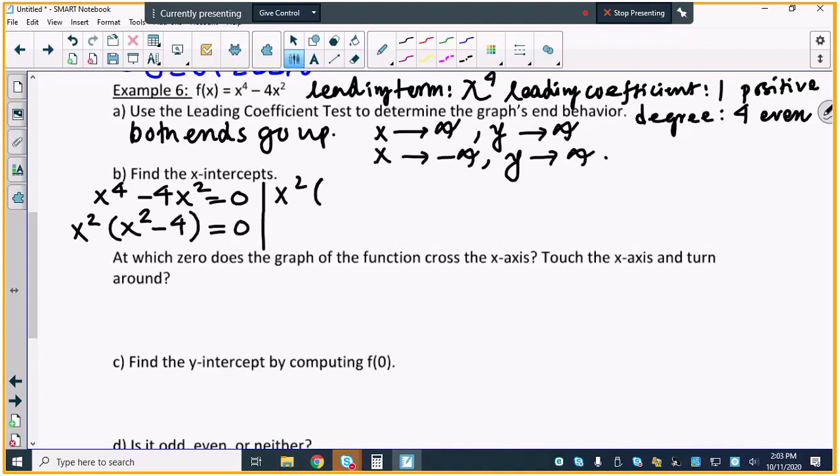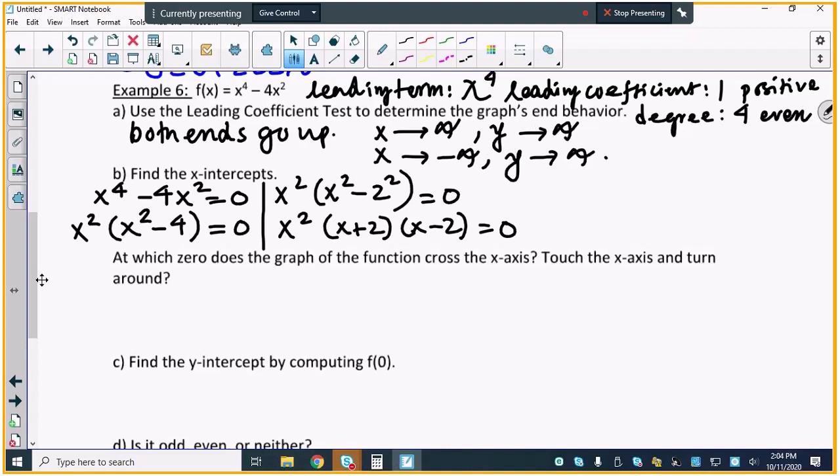So now say x squared times x squared minus 2 squared, and I wanted to do it because 2 squared equal to 4, and that gives us the form of a squared minus b squared, which is the sum a plus b multiplied by the difference a minus b. That means x squared times x plus 2 times x minus 2 is equal to 0 by factoring.